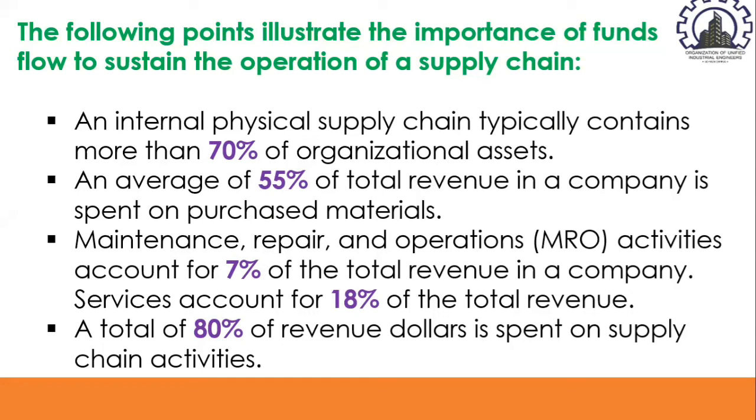Third, maintenance, repair, and operations, or MRO, activities account for 7% of the total revenue in a company. Fourth, services account for 18% of the total revenue. And finally, a total of 80% of revenue dollars is spent on supply chain activities.